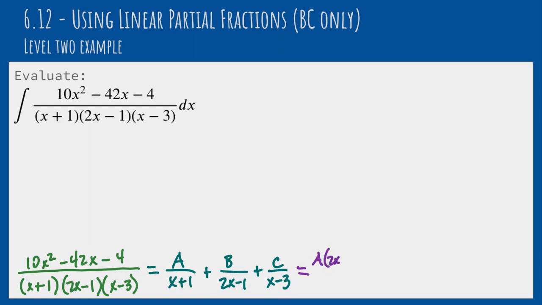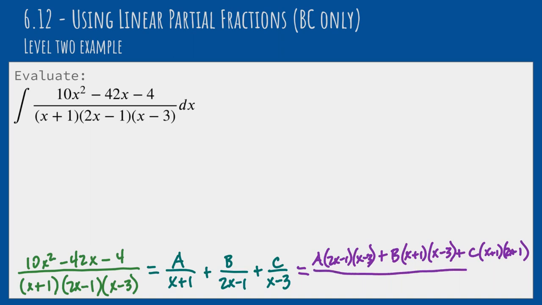So A times 2x minus 1 times x minus 3 plus B times x plus 1 times x minus 3 plus C times x plus 1 times 2x minus 1. And all of that will be over x plus 1 times 2x minus 1 times x minus 3.